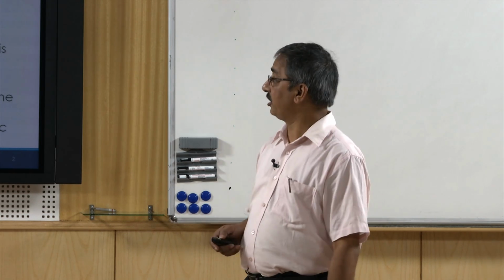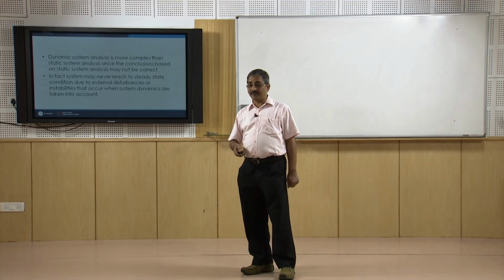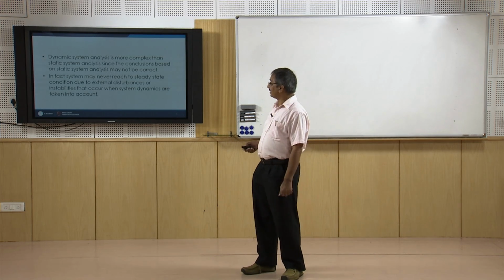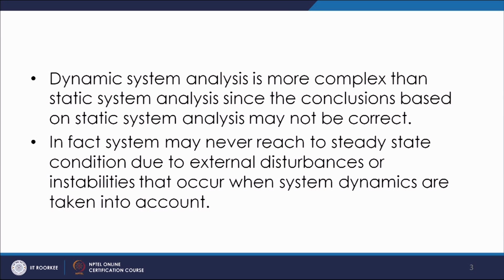As all of us know, dynamic system analysis is more complex than static system analysis, since conclusions based on static analysis may not always be correct. Take the simple case of the extension of a rod.